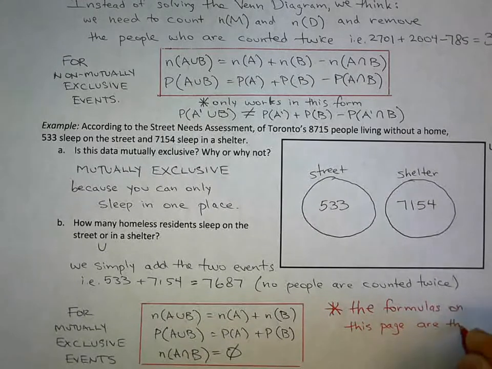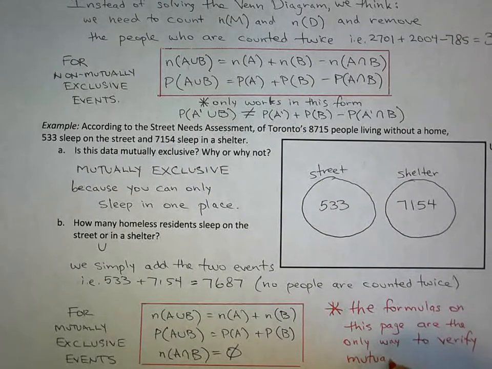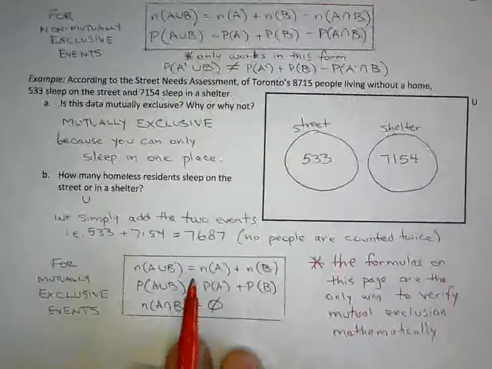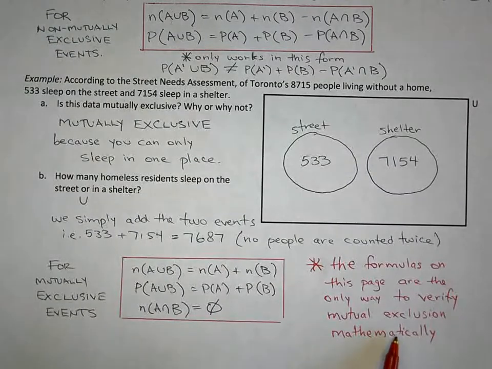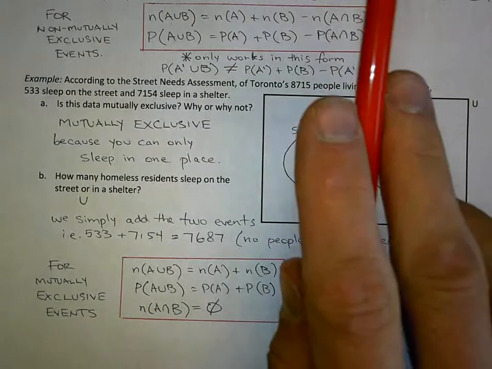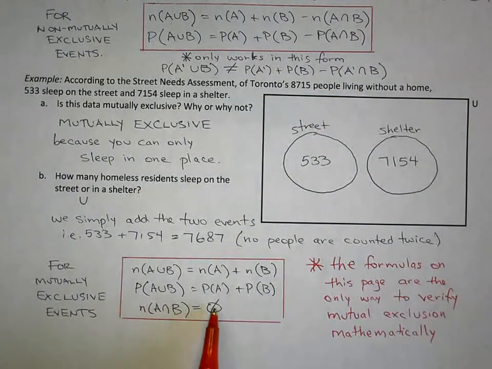They are the only way to verify mutual exclusion mathematically. If I wanted to know if two sets are mutually exclusive, I could try using this formula. If I end up with an intersection, I know that they are not mutually exclusive. If there is no intersection, if the intersection is 0, then I know they're mutually exclusive. So we'll see an example like that on the back page.